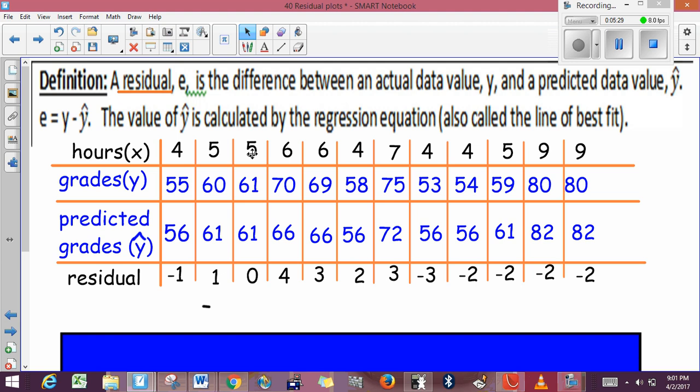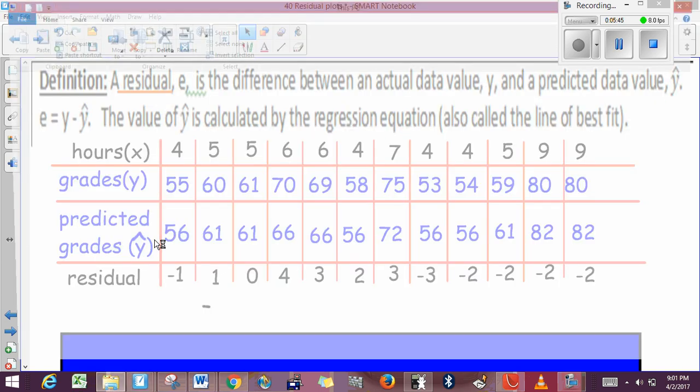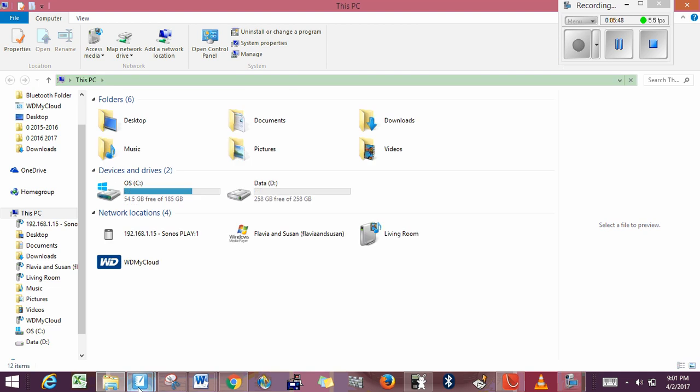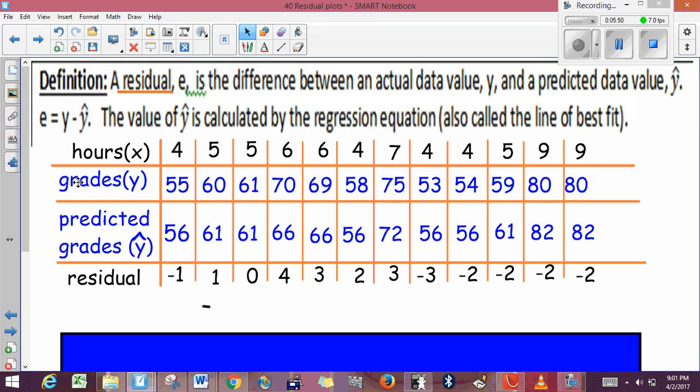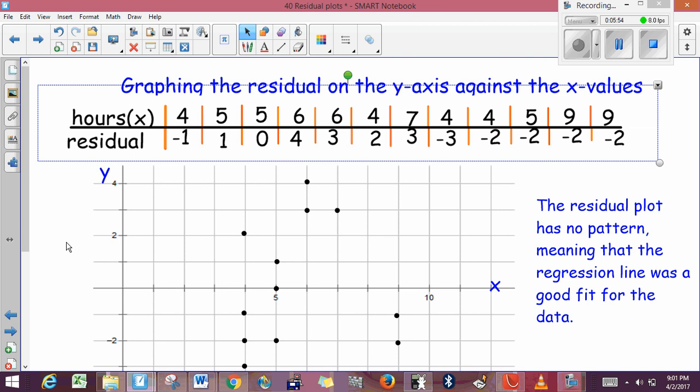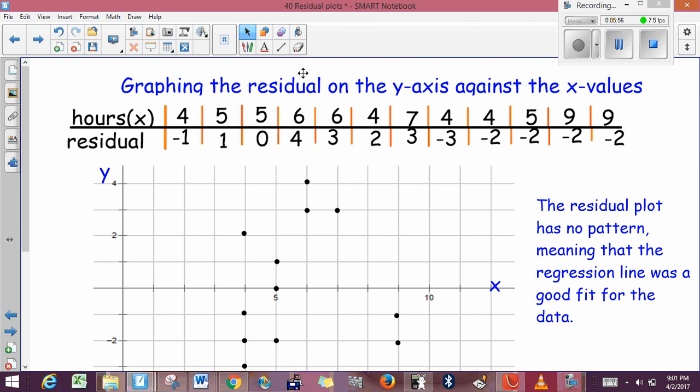See, for all the 4s. For the 5, the predicted value is 61. So that's what these numbers are. They are the y values given by your regression equation. These are the real y values. Okay, so once again, the residual is the difference between y and y hat, the actual number and the predicted number. Okay, and what we're going to do next is we're going to graph the residuals.